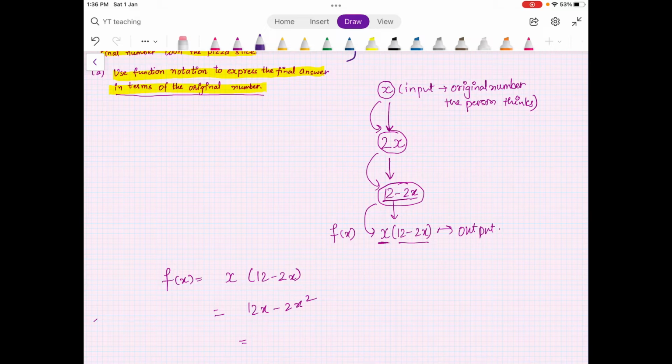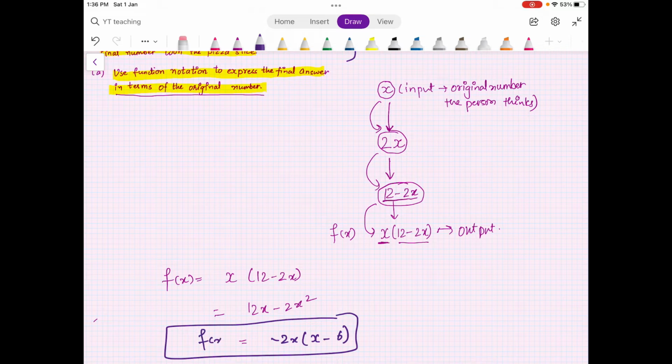So you have minus 2x, and then inside you have x minus 6. Okay, so this is the required function notation. Or you can also leave it here, 12x minus 2x square, right? So we just answered this part 1.